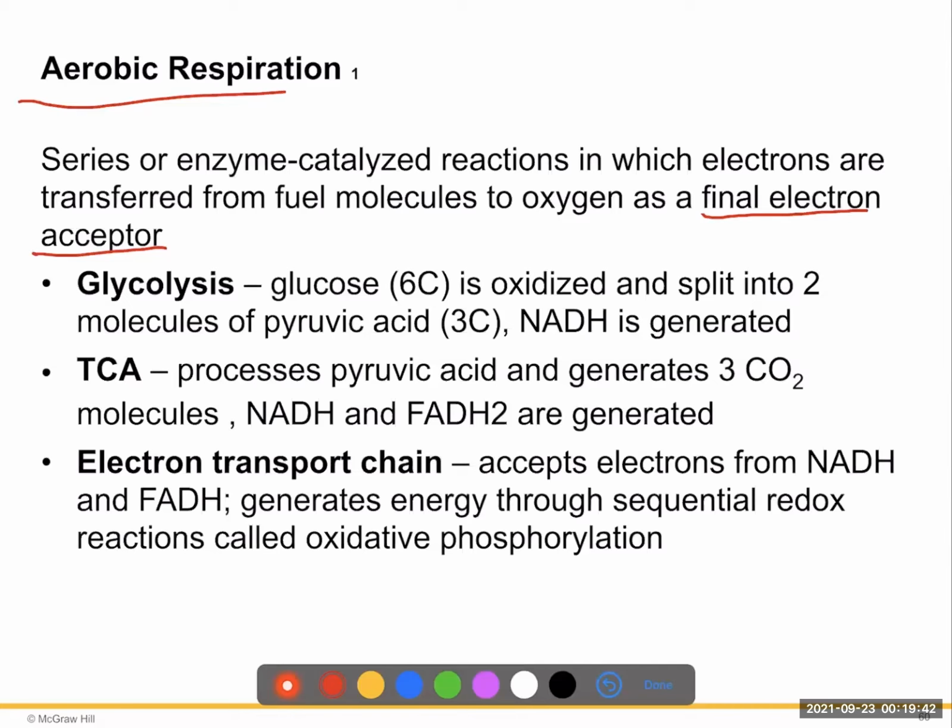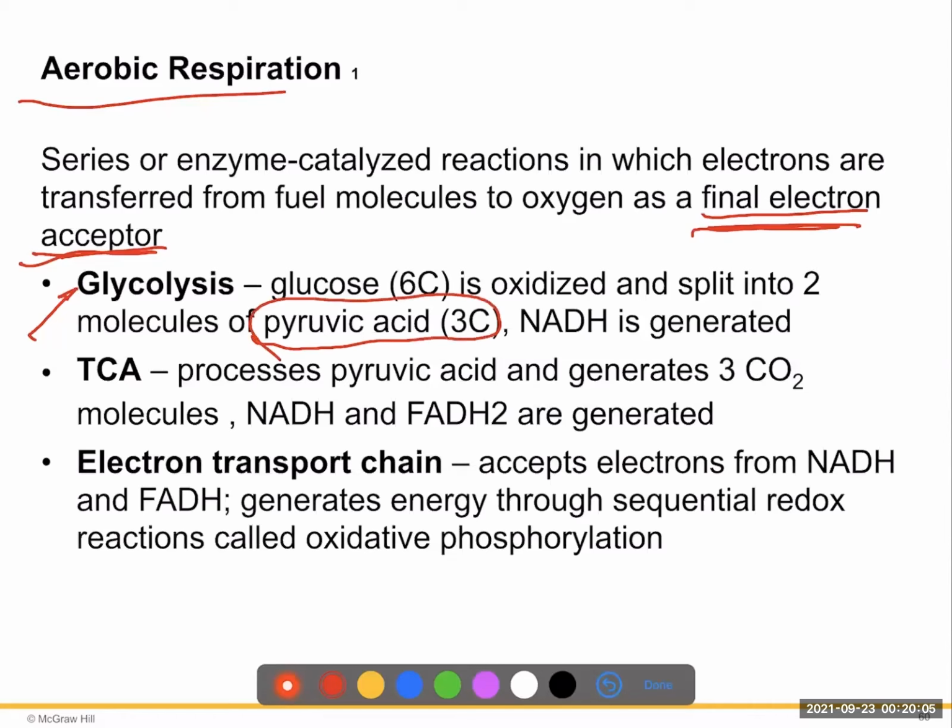So the final electron acceptor is oxygen for aerobic respiration. For anaerobic respiration, it's not. It's sulfur, nitrogen, carbonate, one of those compounds. Okay. So you do glycolysis, which is a breaking down of glucose. We split it into 2 molecules of pyruvic acid, which are 3 carbons each.